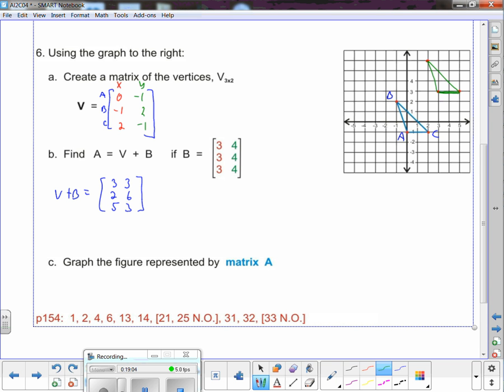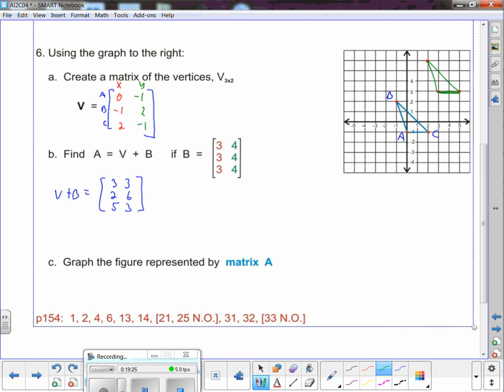All right, so anyhow, we're translated. So what is the translation? How much is it translated? And in which direction? Hunter? 3 to the right and 4 up.